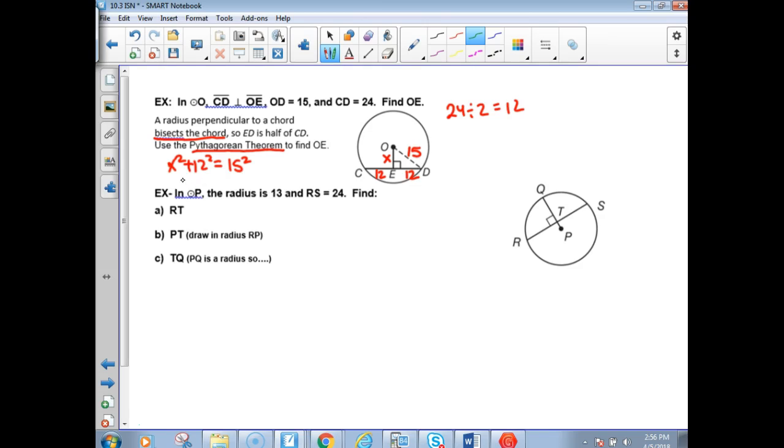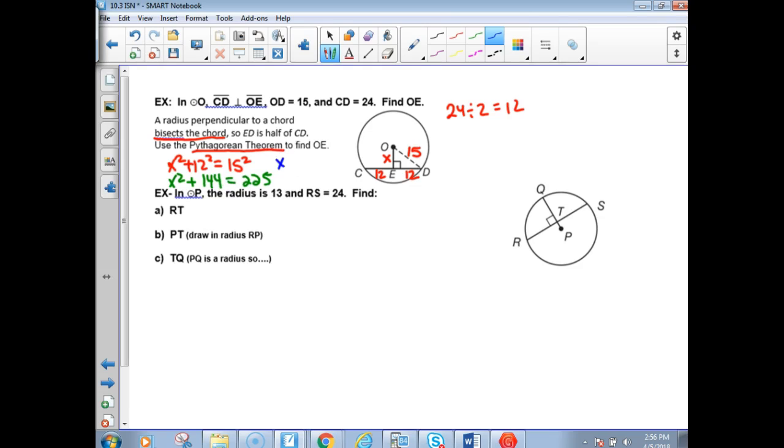So I noticed that on this recent test, which those grades you'll be able to see in Skyward later today, that some people are doing this Pythagorean theorem incorrectly. They are adding 144 and 225 right now. What's wrong? We need to subtract it, okay?